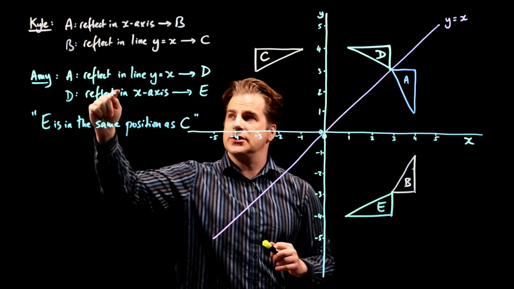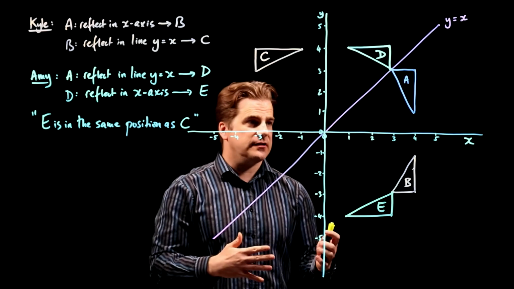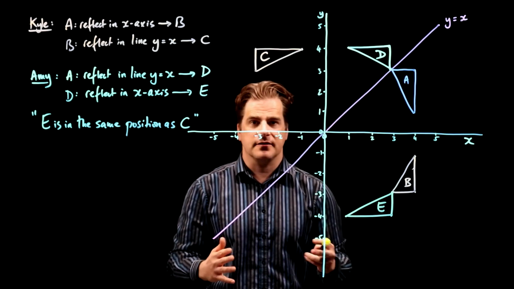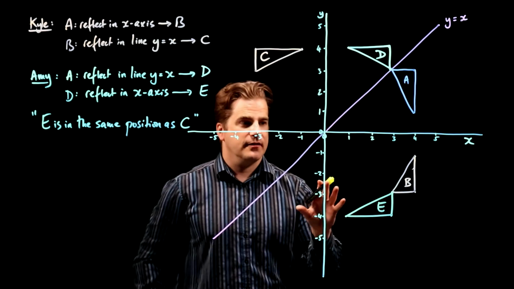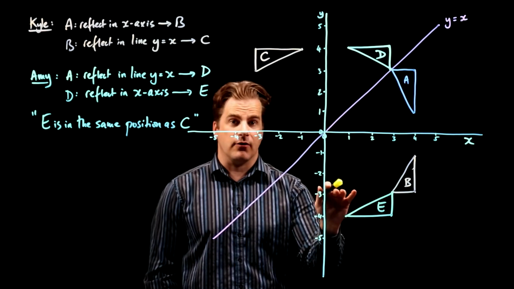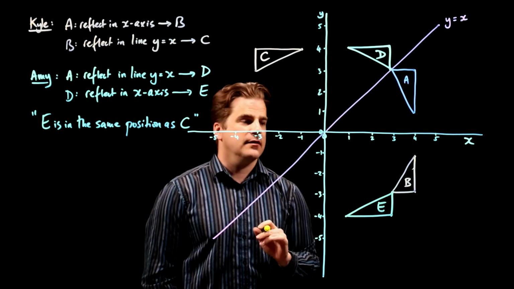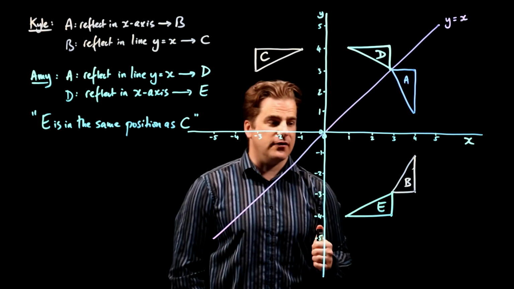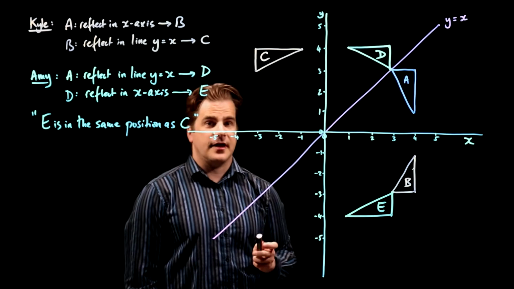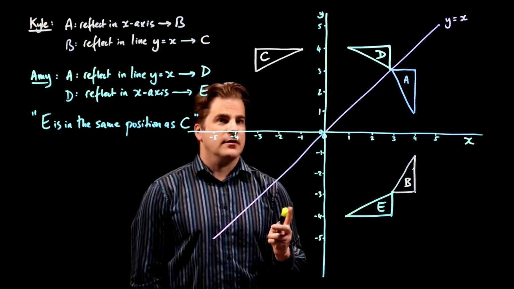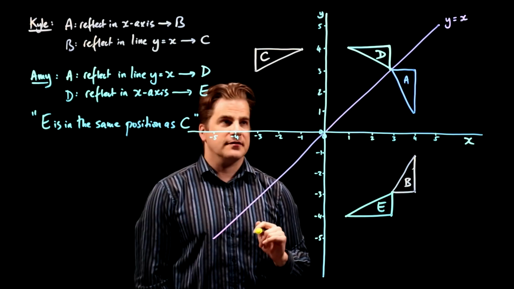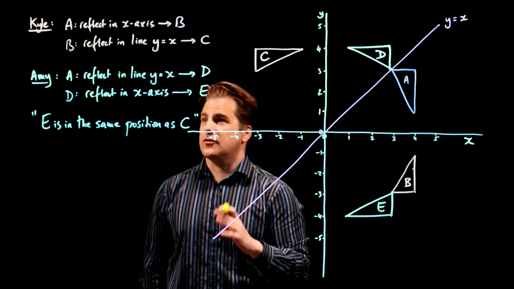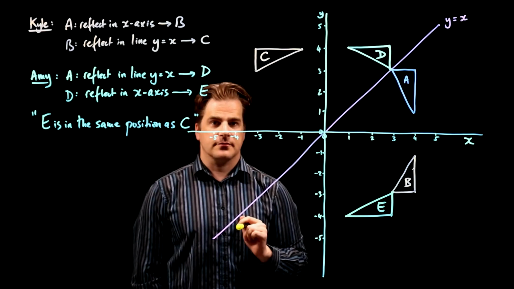The order in which you perform reflections, rotations, translations will affect the location of the final outcome. As we've proven here, C and E are definitely not in the same position. So be careful with this. The order of transformation matters.